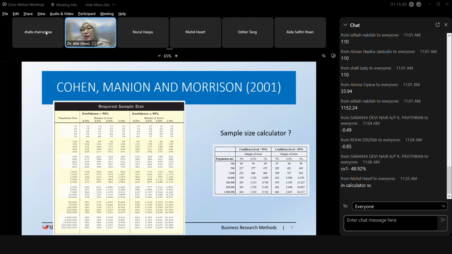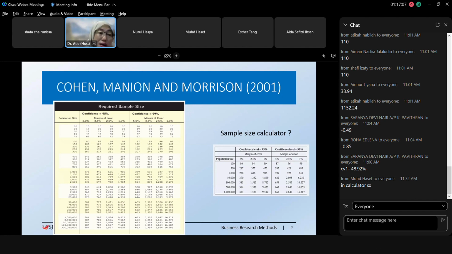It's from 1970, so I don't encourage you, I don't want you to use it for your FYP. Instead, I would like you to use this Cohen, Manion, and Morrison table from 2001.